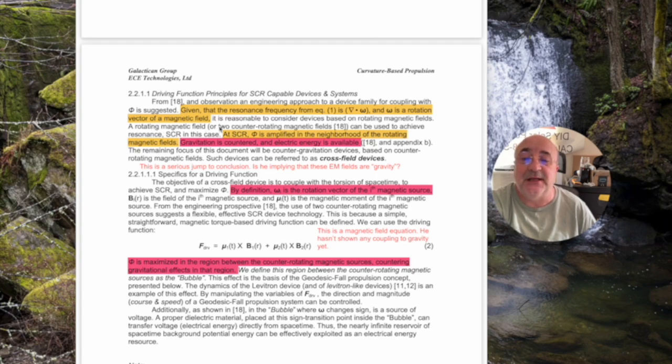A rotating magnetic field or two counter-rotating magnetic fields can be used to achieve resonance. Spin connection resonance in this case, phi is amplified in the neighborhood of the rotating magnetic fields. And then he jumps to a conclusion and says gravitation is countered and electric energy is available. That's a long shot, and it's not even true.